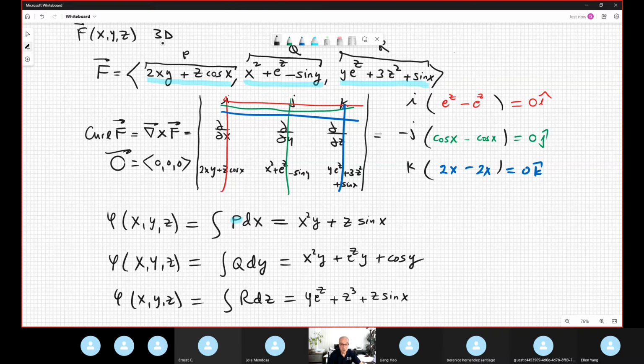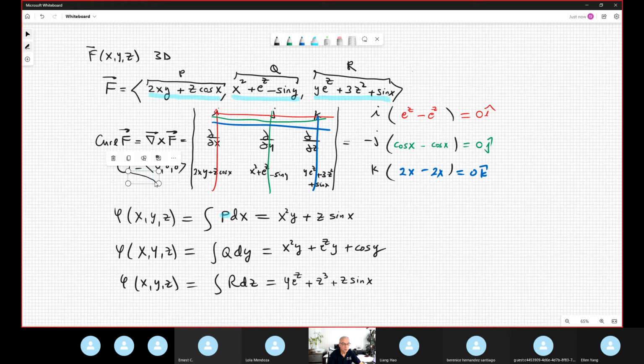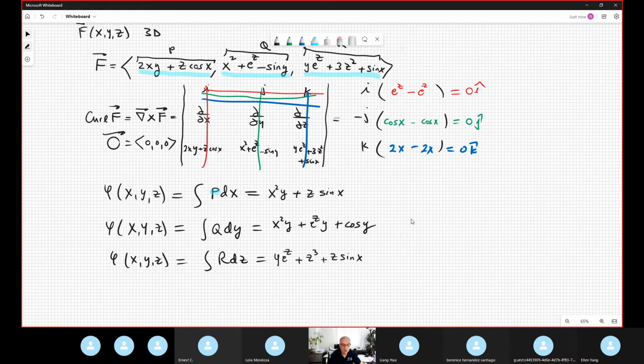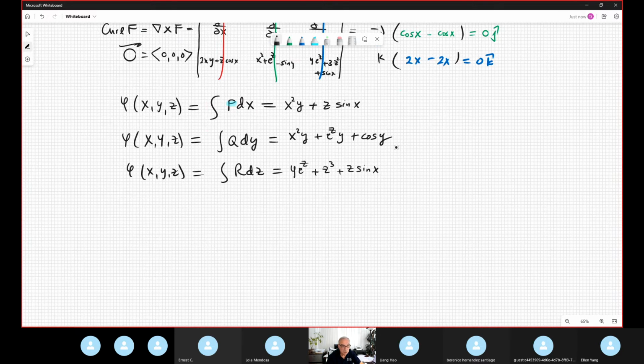And finish. Anti-gradient, which is antiderivative component by component. So what is my famous potential function? What is my famous potential function? Well, my famous potential function is the collection of every expression.